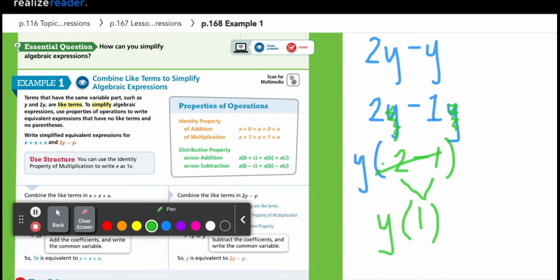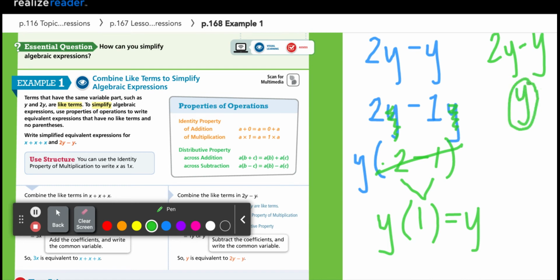Bring down the y. So 1, y times 1 is y. And that makes sense because if we look at our expression here, 2y minus y, well, let's subtract the coefficients. 2 minus 1 is 1. Keep the variable the same, y.